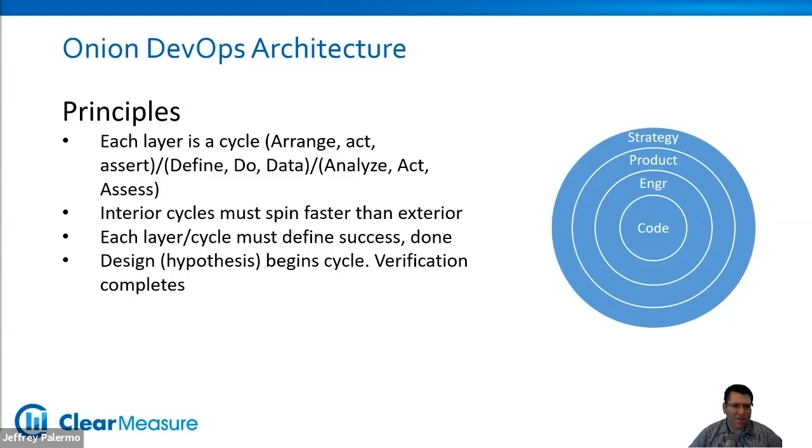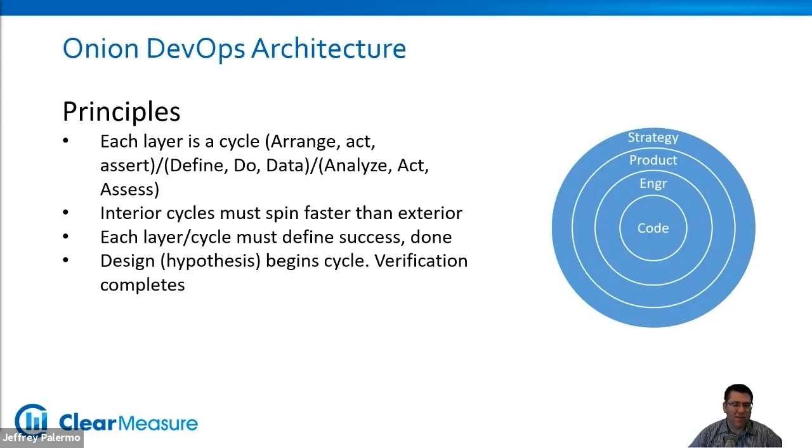The interior cycles must spin faster than the exterior cycles. Okay, if the code and engineering and product cycles are spinning at the same speed as strategy, well, that was some big problems in the late 90s in the waterfall software method that really gave rise to the agile software movement that really kicked off in 2001.